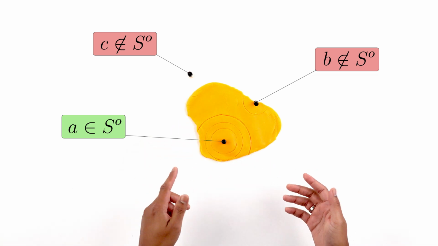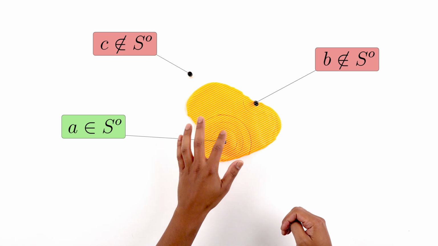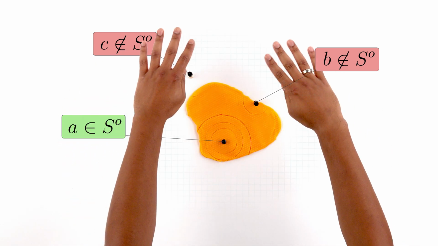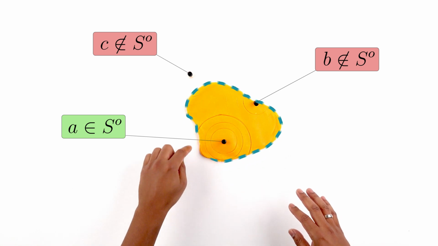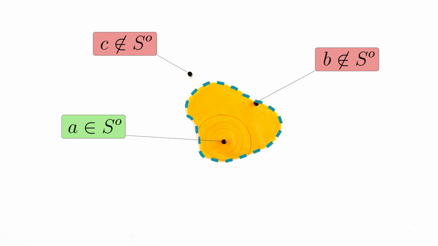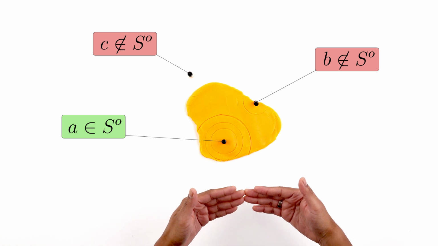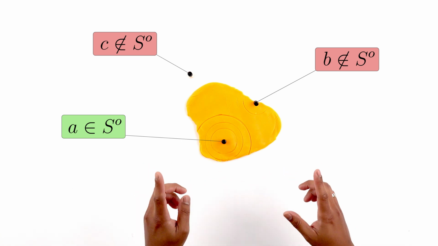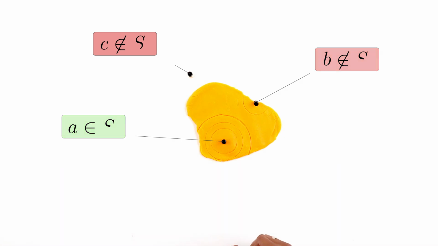Continuing those ideas, any point inside the mango will be an interior point. Any point outside the mango or along the edge will not be an interior point. This means that our intuition matches our formal definition. The interior of S will be the inside of the mango, not including the edge itself.